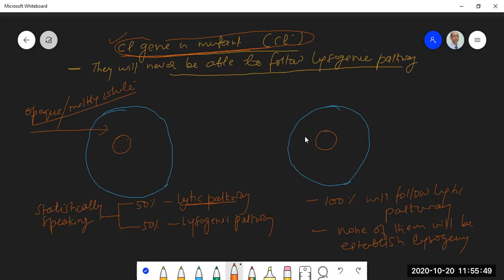So this is opaque or milky white, and this appearance will be a clear zone. This is called a clear plaque, and therefore the name of that gene is clear, CL.